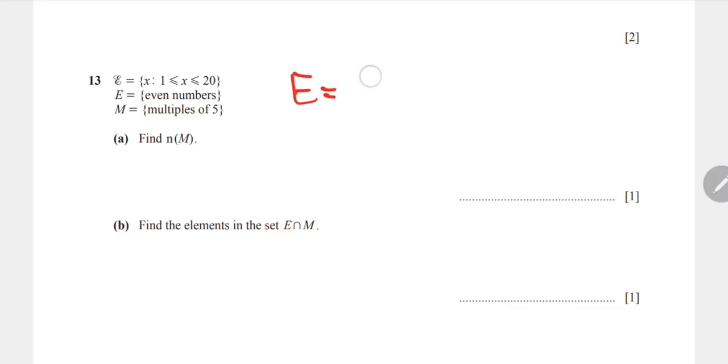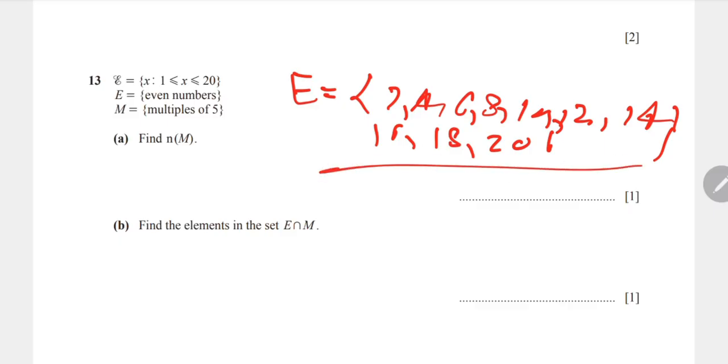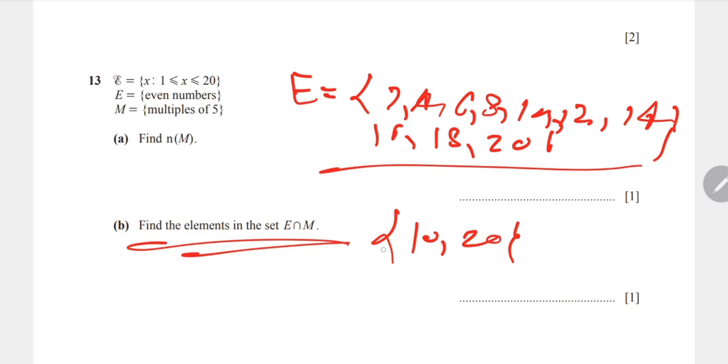E is equal to all even numbers: 2, 4, 6, 8, 10, 12, 14, 16, 18, 20. So multiples of 5 there are 10 and 20, because M is multiples of 5. Intersection means we use the common elements of both sets.